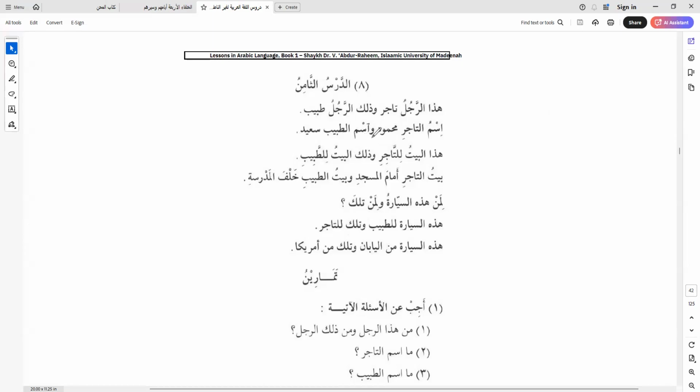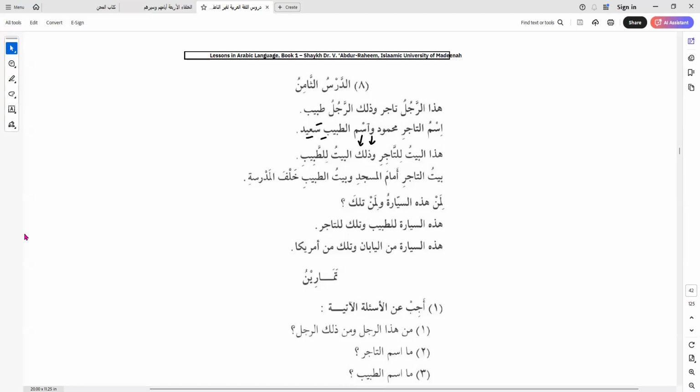The first consonant here is wa, and then the second one is sin. And more especially when the preceding consonant has sukun. واسم الطبيب سعيد, and the name of the doctor is Sa'id.